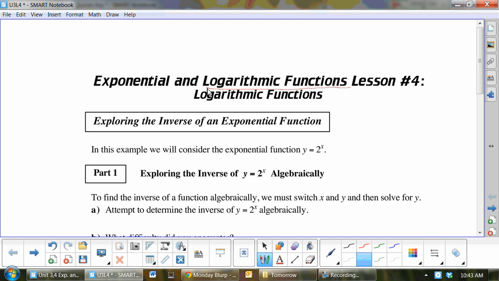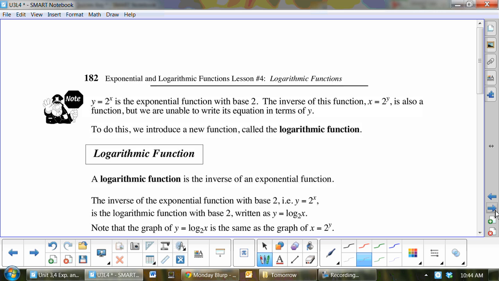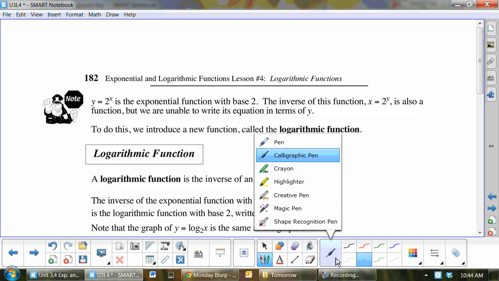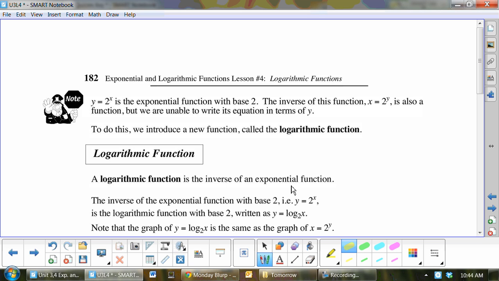So, even though it's a new concept, we're going to use all of the last unit to help understand it. I actually want you to turn to the next page. And we're going to talk about this thing called a logarithmic function. A logarithmic function is an inverse of an exponential function.